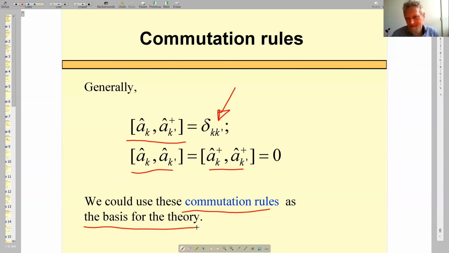But I find it rather unphysical, so I prefer to introduce these operators first in an explicit way. Fine. So we got the commutation rules. Let us see more questions.